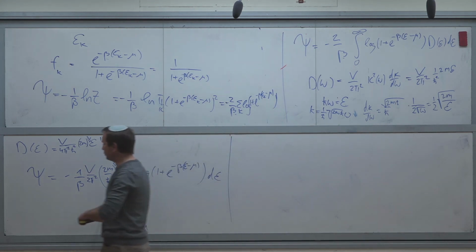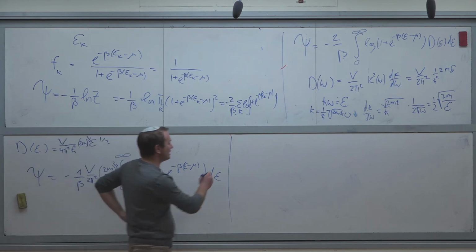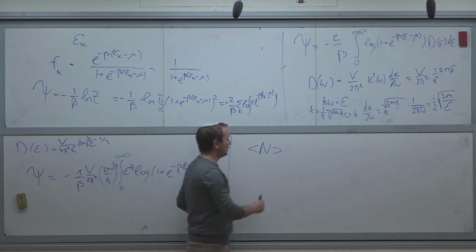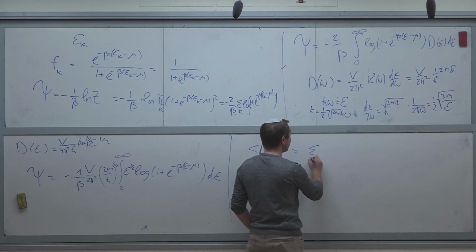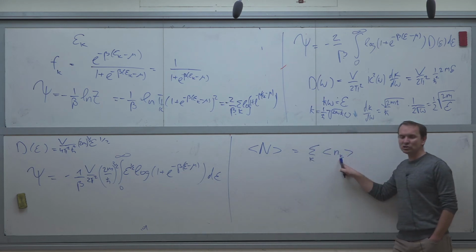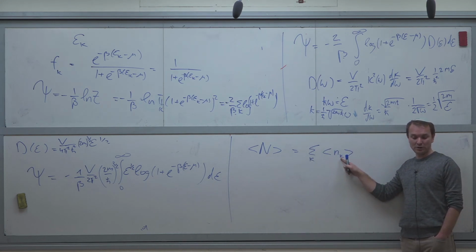Or we can say the following thing. The average number of particles, n, okay, is a sum over k, the average number of particles for each energy k.